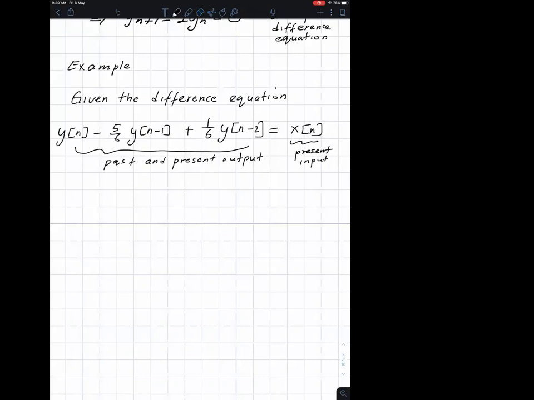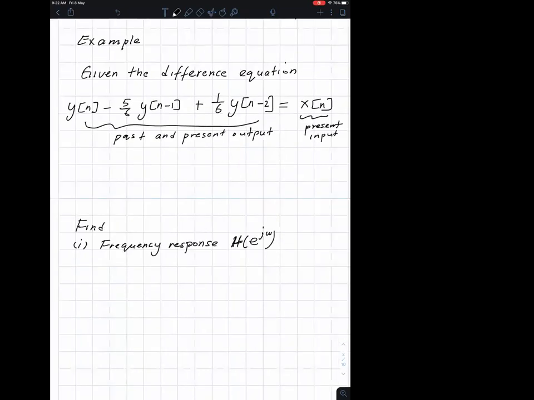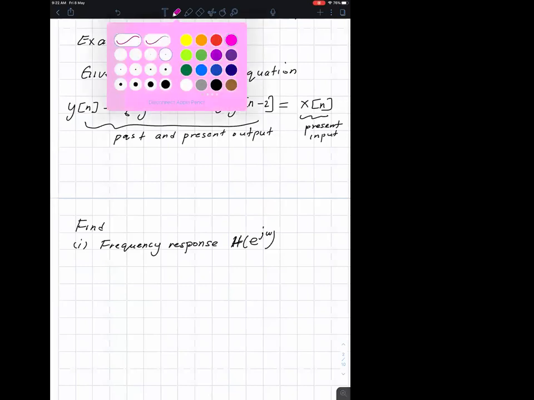Remember, during the last session, we solved a problem to find the frequency response and the impulse response. So now we're doing the same thing for the discrete version of the differential equation, which is called the difference equation. We want H as a function of e to the power of j omega.